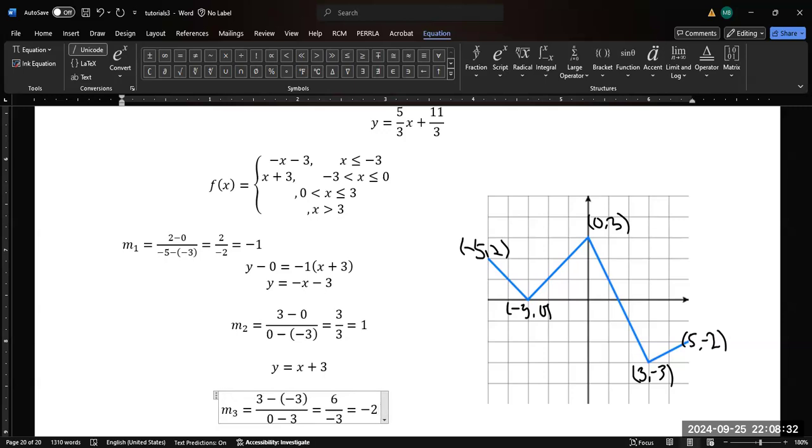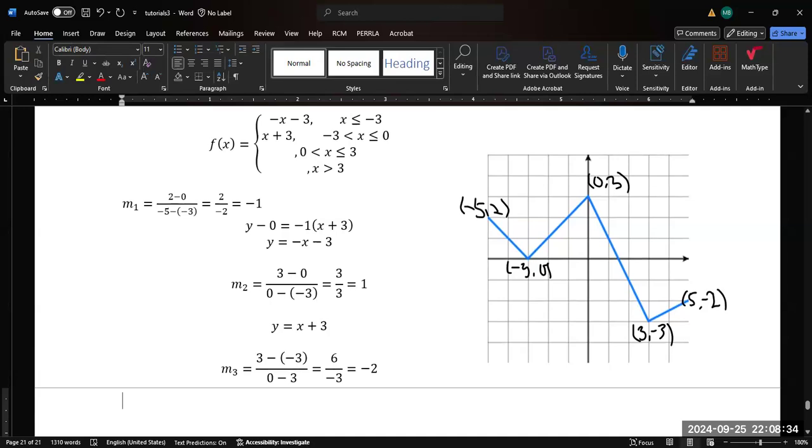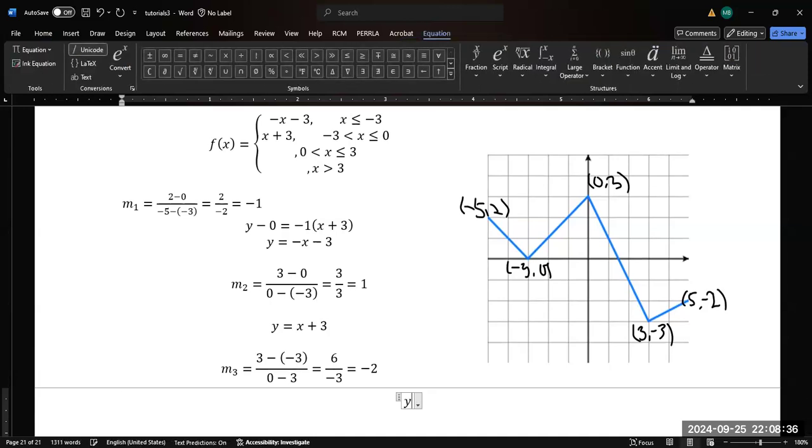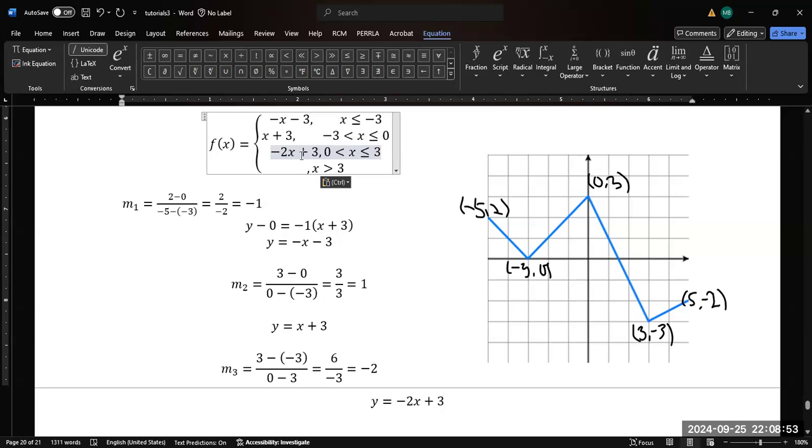And again, that is a downward slope, so that makes sense. And so our equation then is going to be y, and we have an intercept again, so -2x plus 3. So I'm going to take that, I'm going to put it in my equation.